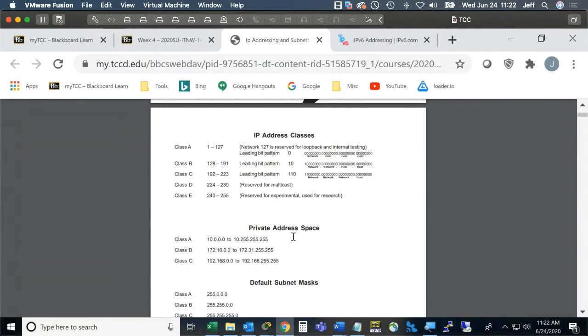Now, these private IPs, these 3 sets of IPs right here, everybody uses internally. They're private and they don't go over the internet. Your computer at home is probably using one of the 192.168 addresses, most likely.